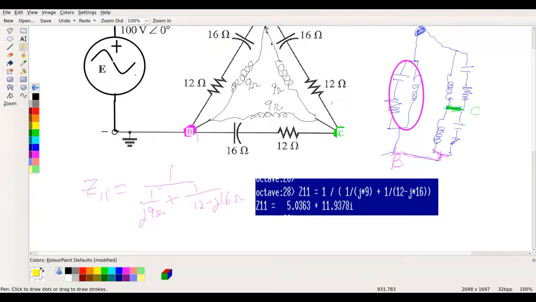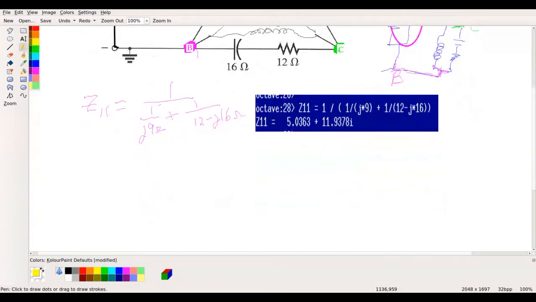Okay, and so the parallel impedance of this circuit has a resistance value of a little more than 5 ohms and a reactance value of plus 11.9. Okay, so that is just for one of these pairs. So we could redraw the circuit now as basically just an impedance here.